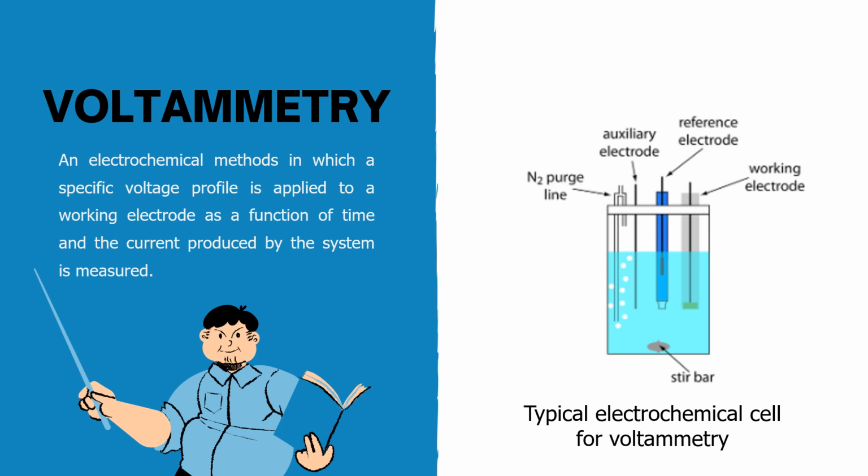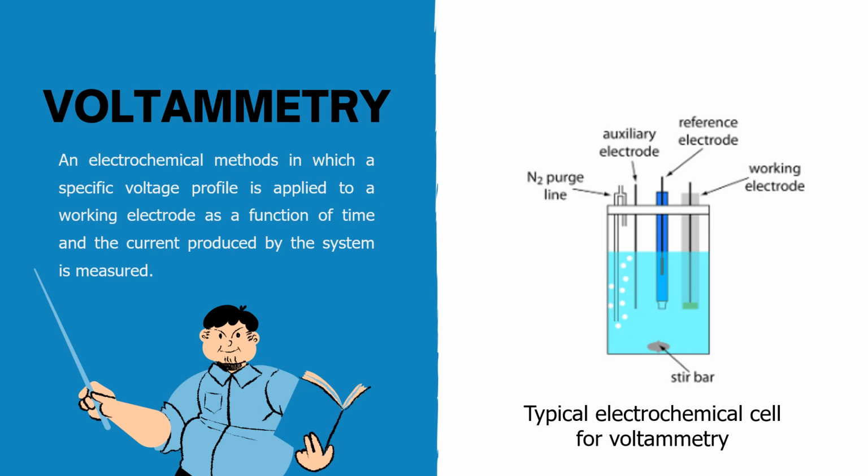This current provides insights into the reactions occurring in the solution. Unlike applying a constant voltage, in voltammetry, the voltage is varied over time. It might gradually increase, decrease, or shift back and forth. These voltage changes allow observation of how the current varies accordingly. The patterns observed in the current, known as voltammograms, offer valuable information about the properties of substances in the solution.